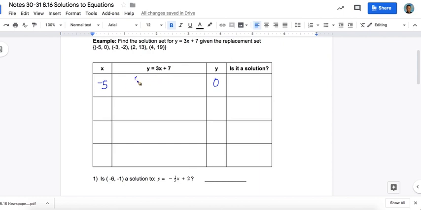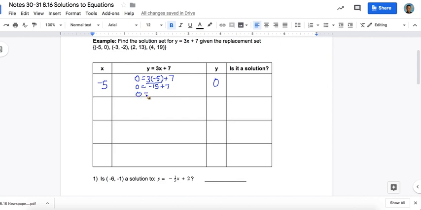Y is 0. I'm going to do 3 times my x value, which is -5, plus 7. So I don't have anything to do on this side, so I'm going to bring down the 0. And 3 times -5 is -15. Bring down the plus 7.